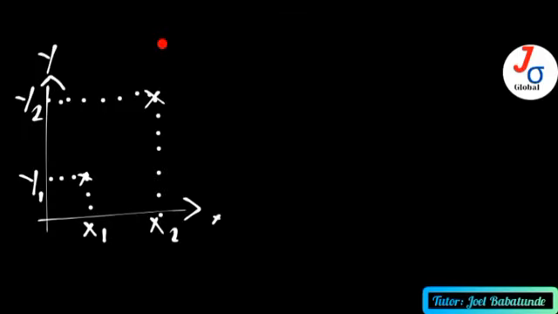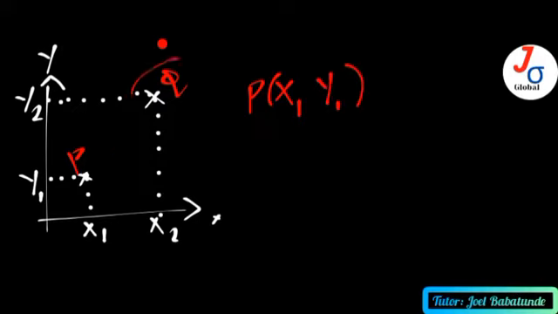I'm going to call this point P and this point Q. The address of this point is X1, Y1, and the address for this point is X2, Y2. So this is the address for these 2 points, P and Q.